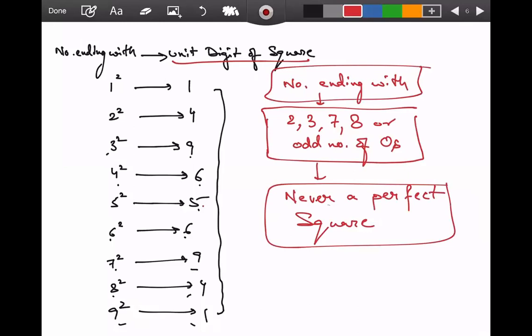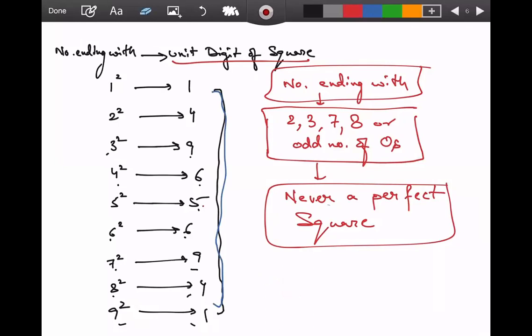It is not true that a number ending with 6 will always be a perfect square. For example, 46 ends with 6 but is not a perfect square, correct? Are you getting my point? It is not necessary that a number ending with one of these digits will be a perfect square.